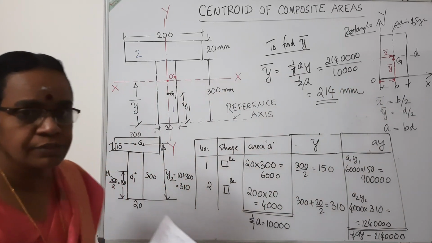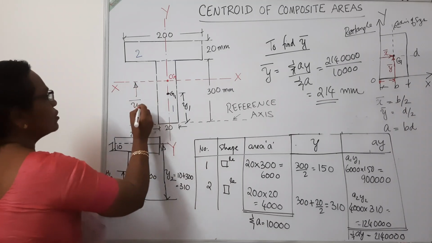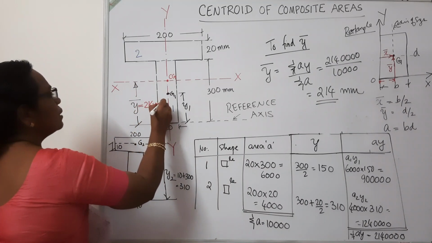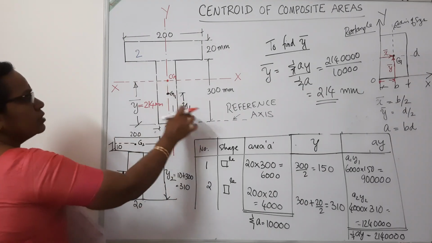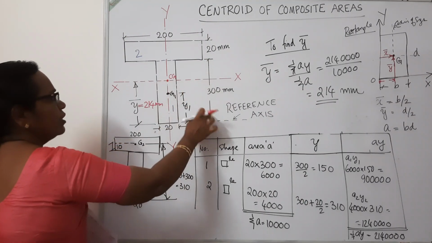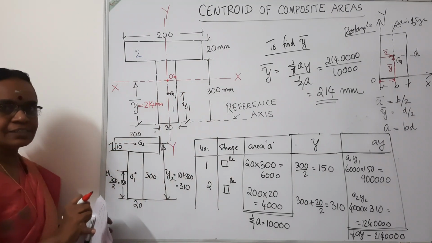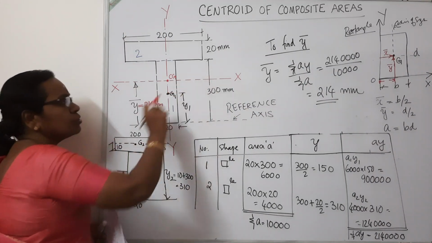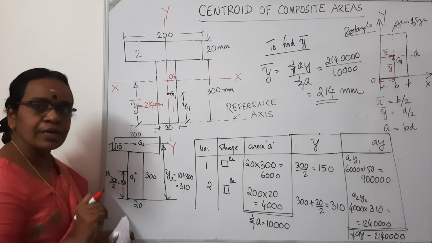So the center of gravity of this figure, or the centroid of this figure, is located at 214 millimeter from the bottom. See, the total distance is 300. It is not at the center of that. The axis passing through the center of gravity is called the centroidal axis.